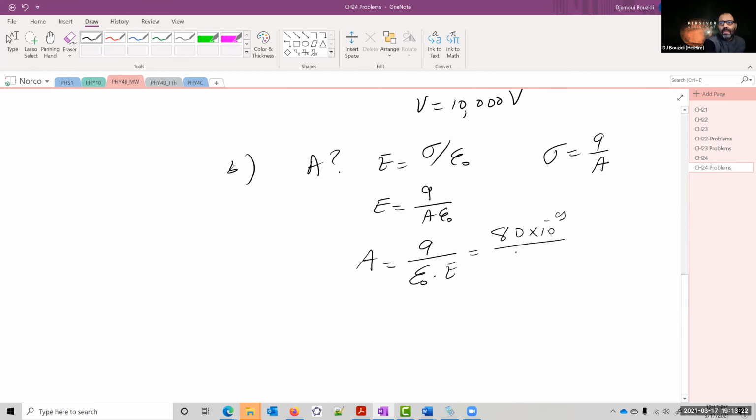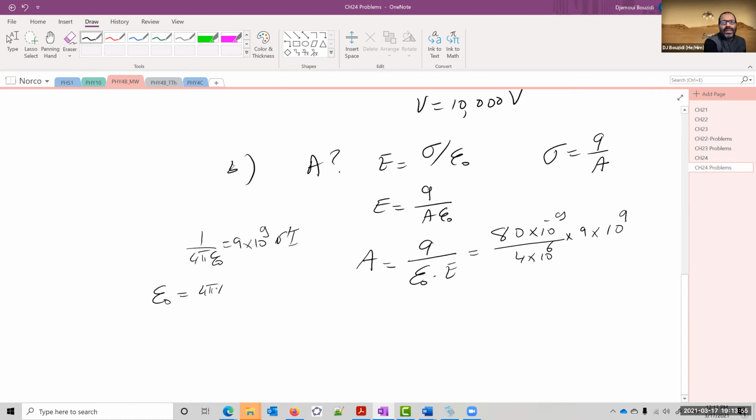I know 1 over 4 pi epsilon naught is 9 times 10 to the power 9 in SI. So all I need to do is multiply by 4 pi. If I divide by 4 pi, I have 9 times 10 to the power 9. In other words, epsilon naught is simply equal to 4 pi times 9 times 10 to the power 9.